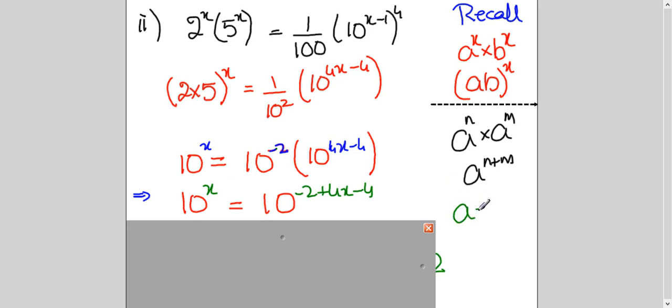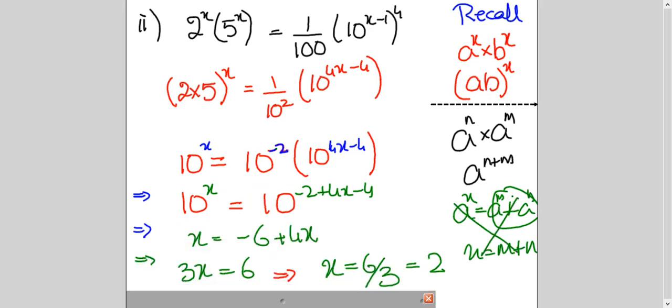I don't know exactly, but if you have another term here and power here, they do x equals m plus n, something like this. No, you can do this exponential equation rule when you have a single term on each side, not when you have double terms here and there is a sign also in between, right? So it will become x equals to this thing, minus 2 minus 4 is minus 6 plus 4x, and then it is a simple equation. You solve it and get the value of x, right?